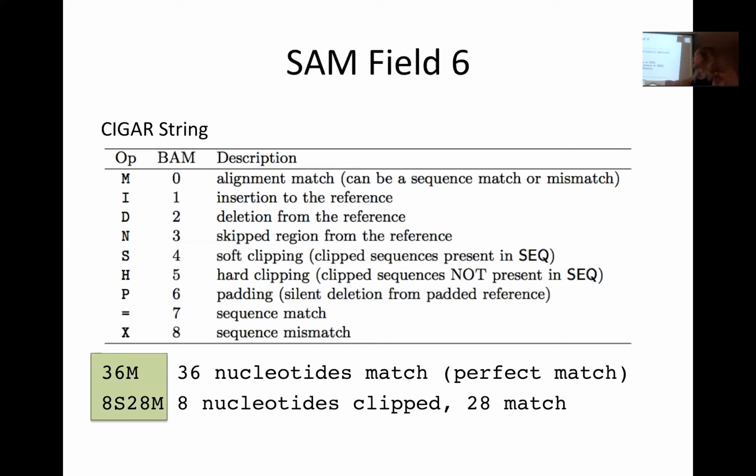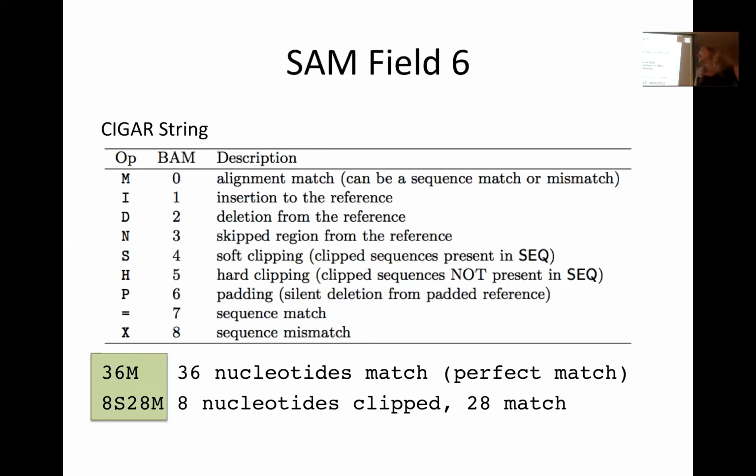Like this one, 8S28M. That means 8 nucleotides are clipped off the front and then 28 match. It's a way to have very few characters describe how many bases matched, then an insertion, then more matching bases, then a deletion, and then we clip the end. You can store all of that information in about 10 characters.